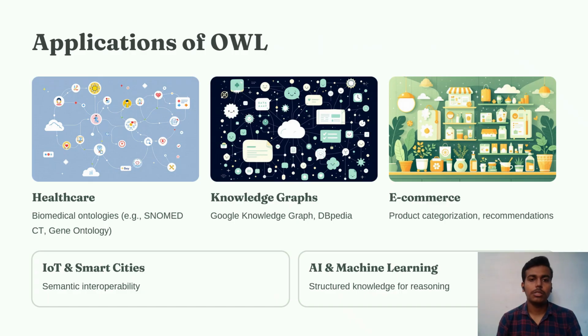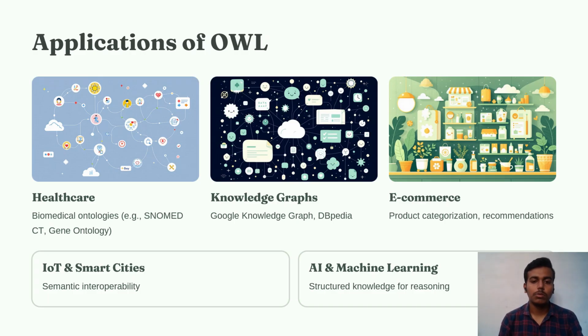Next are the applications of OWL. OWL is not just academic, it's powering real world systems. For example, first is healthcare. OWL is behind biomedical ontologies like SNOMED CT and Gene Ontology. Doctors, researchers, and AI systems rely on this to standardize terminology. Second is knowledge graphs.